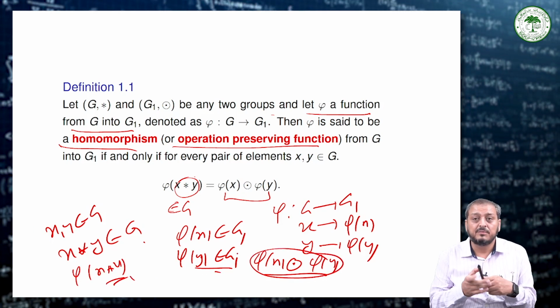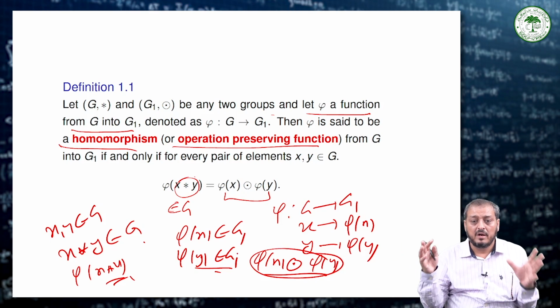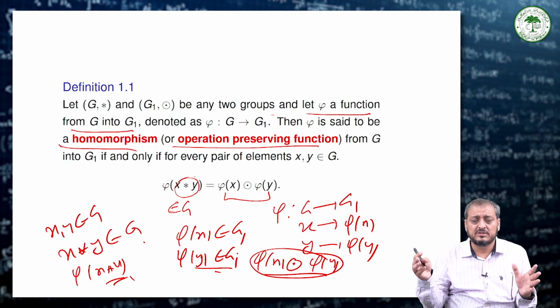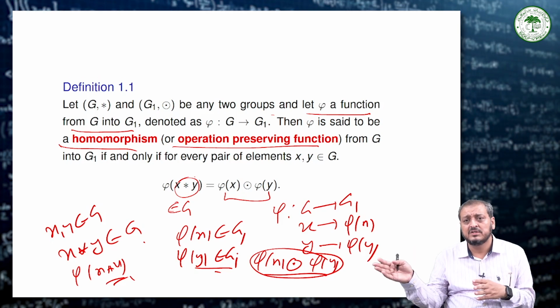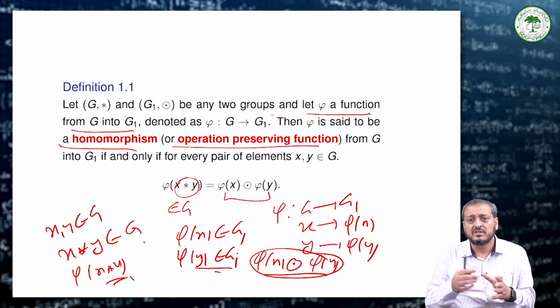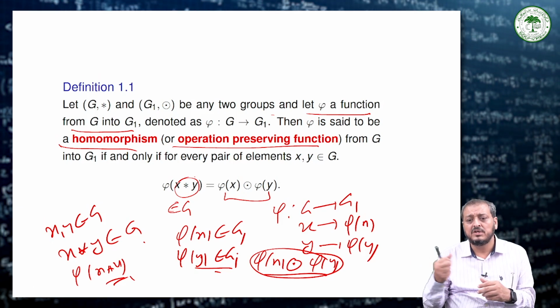So simply, we have two groups with binary operations, G with one operation and G1 with another, and one function from G to G1.